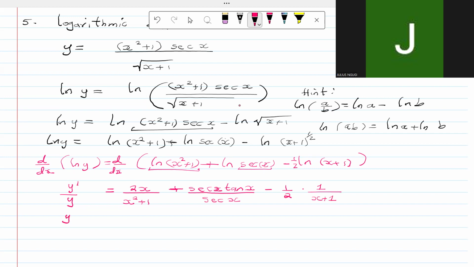Let's continue. You get y prime over y equals 2x over x squared plus 1. Secant x and secant x will cancel, you get plus tan x. Then you minus 1 divided by twice (x plus 1).